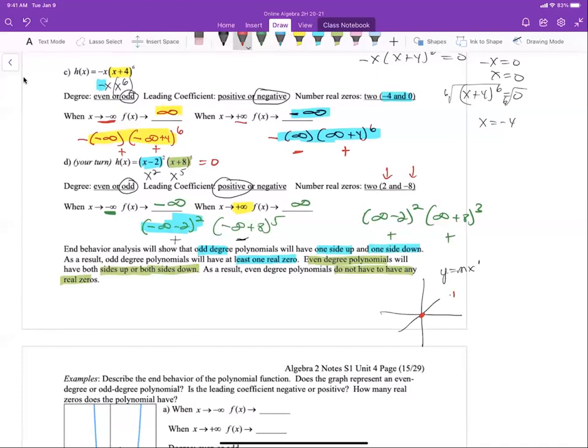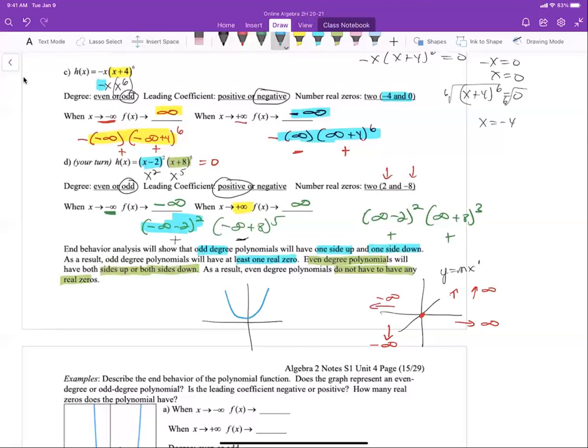One side is up and one side is down as far as its end behavior. As x goes towards a positive infinity, y went towards a positive infinity. As x went towards a negative infinity, y went towards a negative infinity. Okay, so we had one side up, one side down. How about one that you've already seen to an even number?